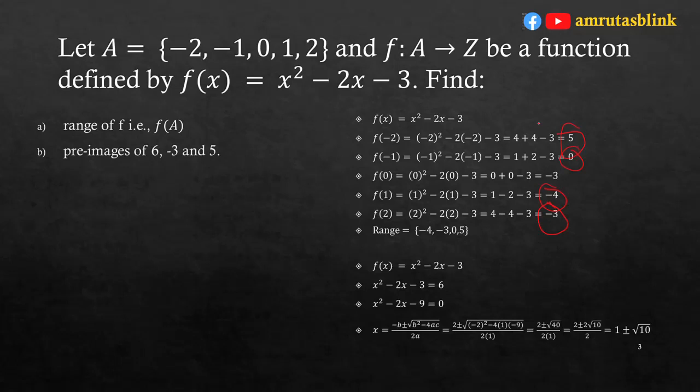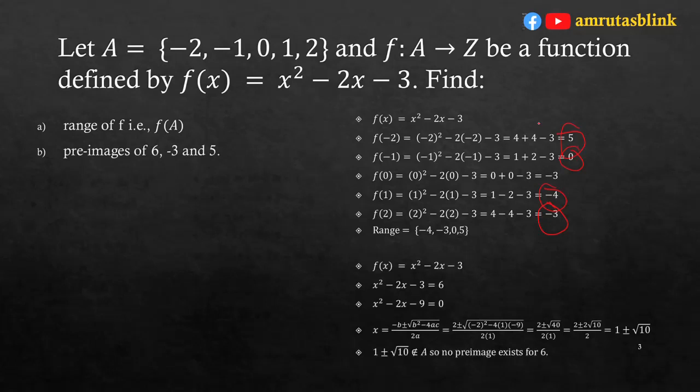Now we can split this 40 as 4 into 10. So we can bring 2 outside the sign of square root. Hence it will be equal to 2 plus or minus 2 under root 10 whole divided by 2, that is 1 plus or minus under root 10. Now this is the value of x.